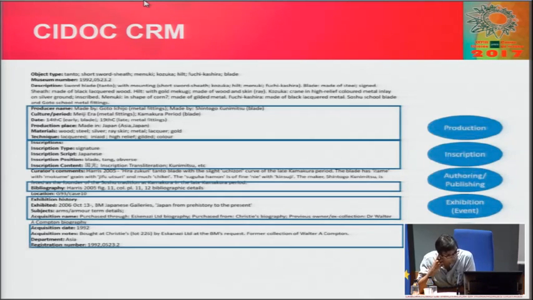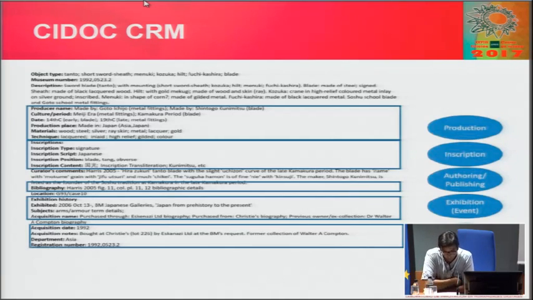And as I said before, it's very much an event-centric ontology. So, for example, you can group together several different categories here, relating to production, to inscription, to the event of authoring, to the class of events authoring, to exhibition, and to the class concept of acquisition.